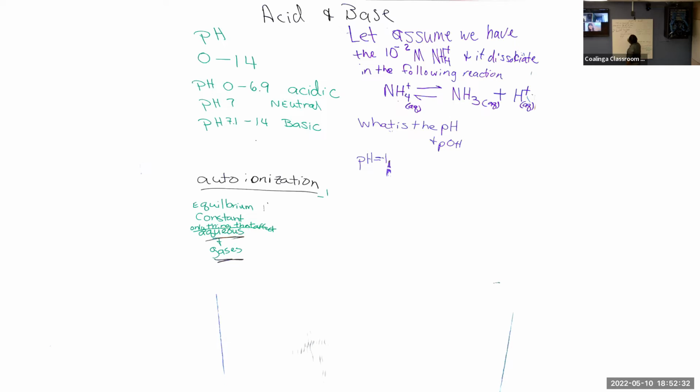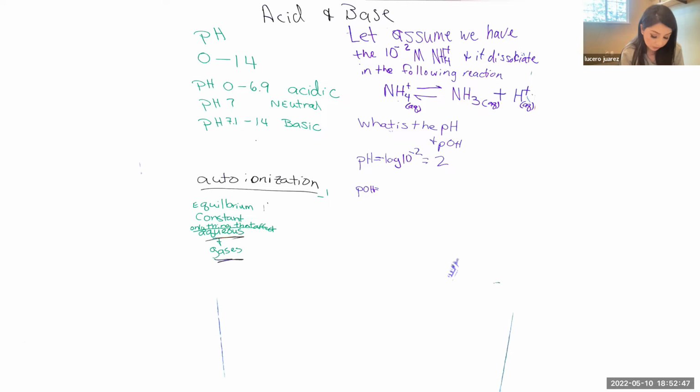So it's minus log of 10 to the minus 2, which is equal to 2. So then my pOH is going to equal 14 minus 2, which is 12. And it is acidic. That's correct.